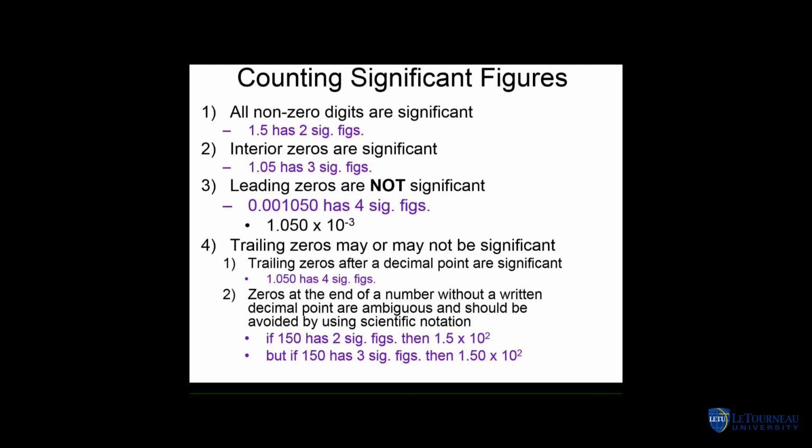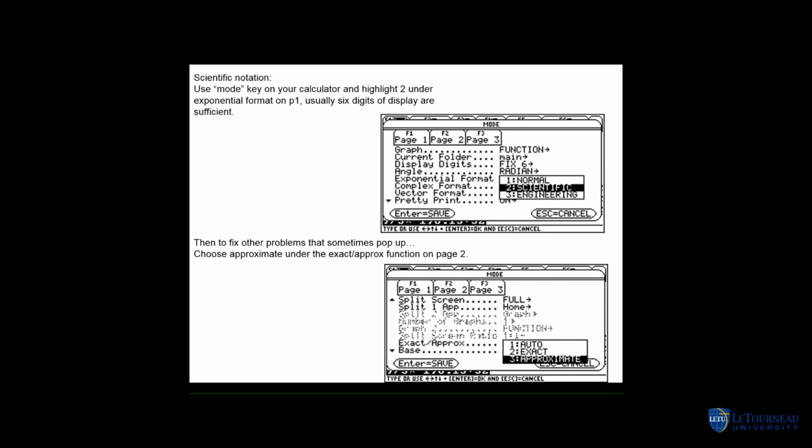So how do you write everything in scientific notation? Well, again, go to your calculator. Use the mode key, like we did before, for the units, and this time go over to exponential format. See that here, exponential format, and make sure yours is highlighting scientific notation.